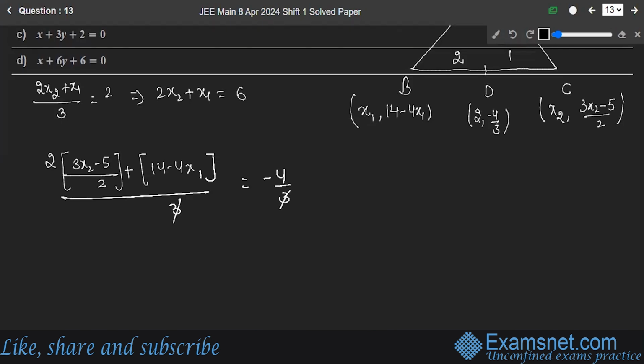This 3 and this 3 will cancel. This and this will cancel. So you have 3x2 minus 5 plus 14 minus 4x1 is equal to minus 4, or you have 3x2 minus 4x1 is equal to minus 13. Okay, so let me check.